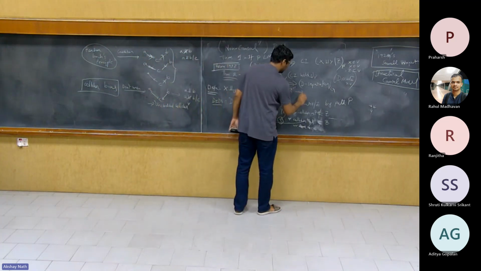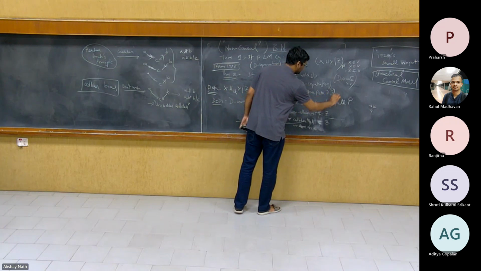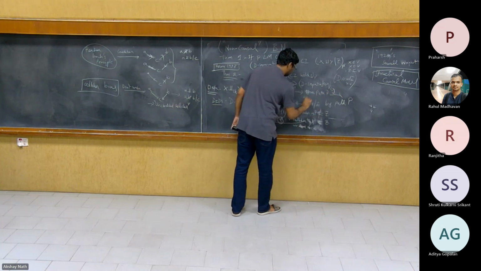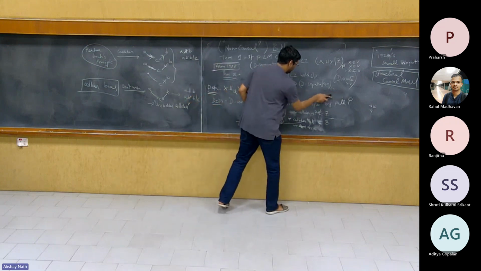So D-separation is when there exists no path which connects X and Y given Z. You know what? I'll write it there. Important.